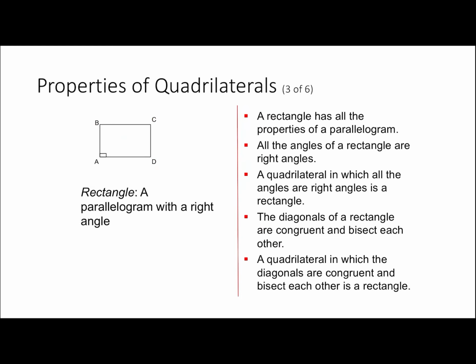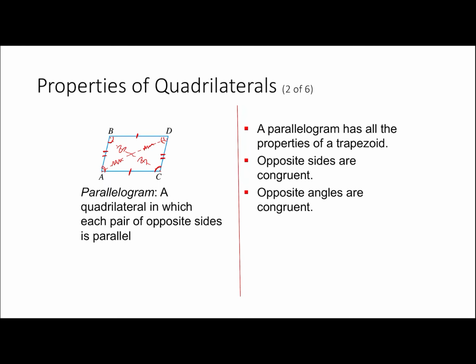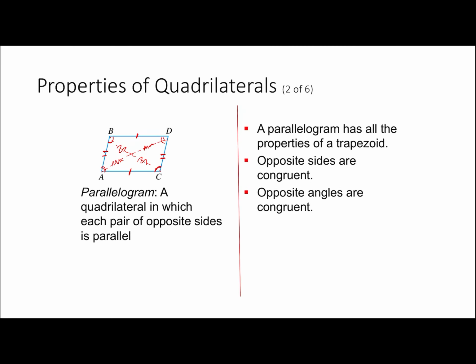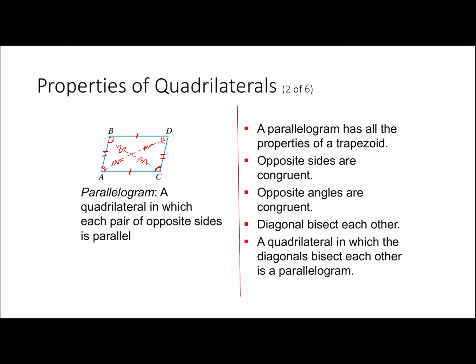It has the properties of a parallelogram and of a trapezoid, and a rectangle specifically has the properties of an isosceles trapezoid because it fits that definition as well, so the diagonals are congruent and they bisect each other. Again, that one will be important in just a few minutes. A quadrilateral in which diagonals are congruent and bisect each other is a rectangle.